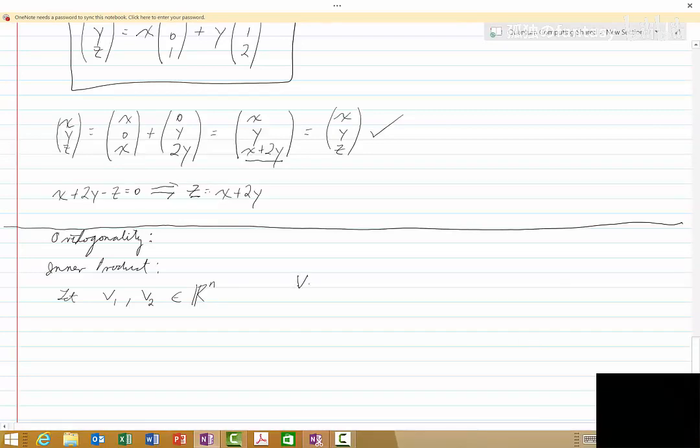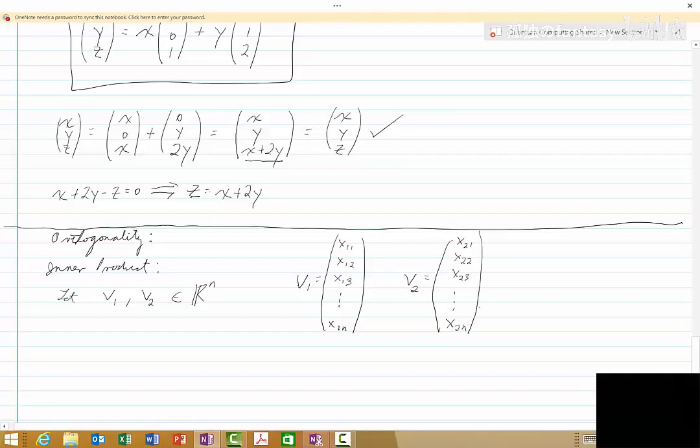So, for instance, we would have V1 equal to x11, x12, x13, dot, dot, dot, down to x1n. That might be the components of V1, and V2 could be x21, x22, x23, dot, dot, dot, down to x2n.